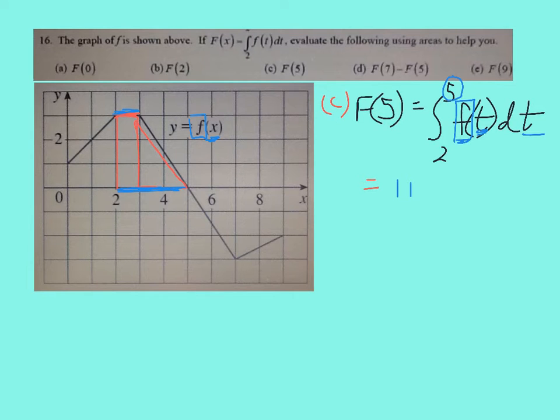So this is 1 and 3 divided by 2, and I'm going to multiply that by the width of our trapezoid, so that is 3. If I go ahead and do that, I'm going to get 4 over 2, so this whole thing is 2 times 3, we get 6.